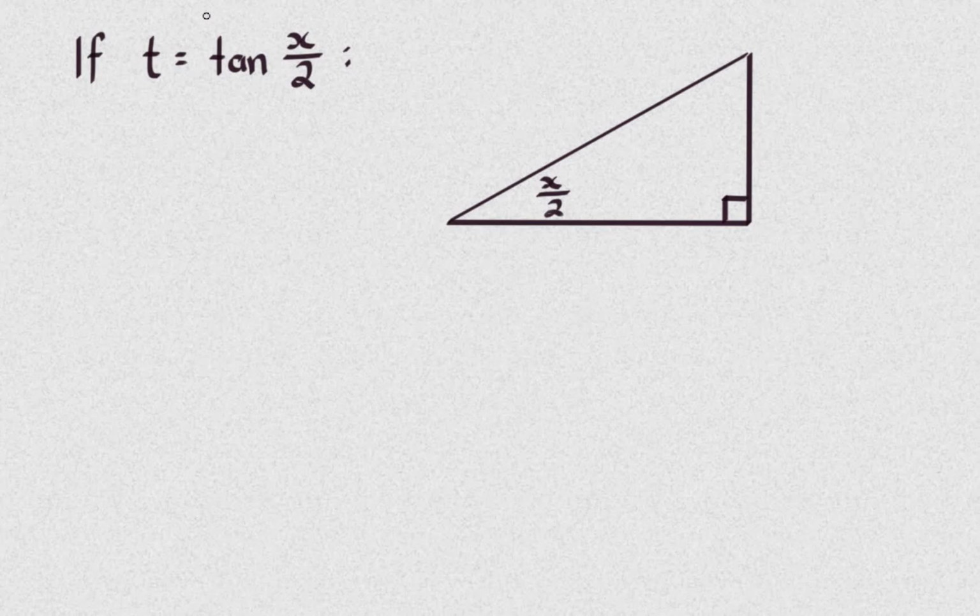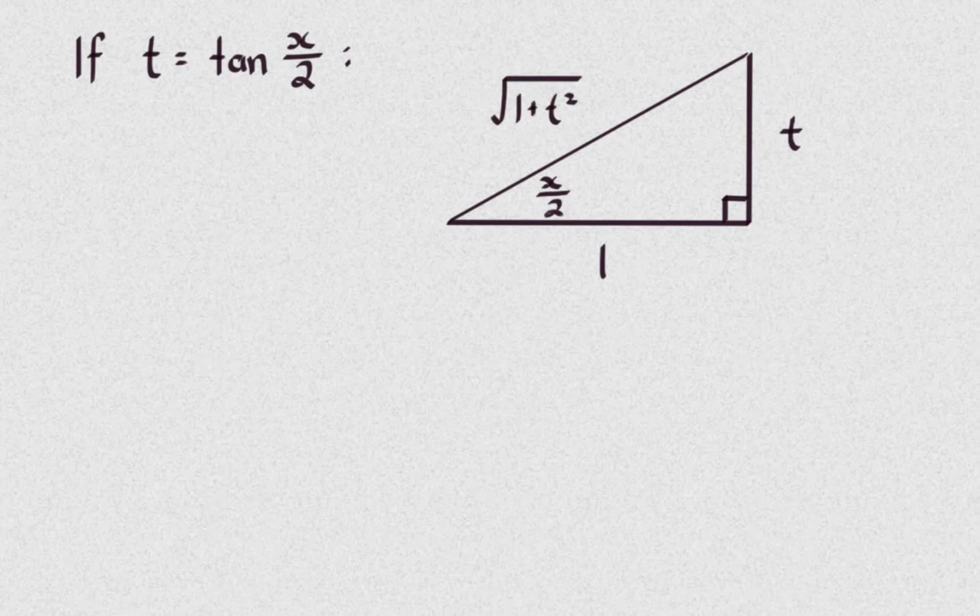We want that ratio to be t, so let's call our opposite side t and our adjacent side 1, and that way we see that this condition is met. What's the hypotenuse going to be? Well, applying Pythagoras' theorem, we get root 1 plus t squared.